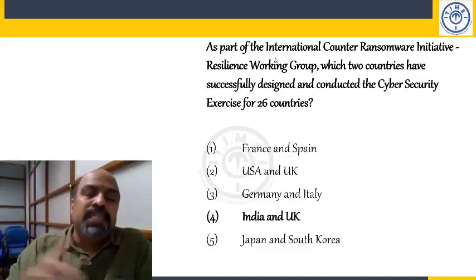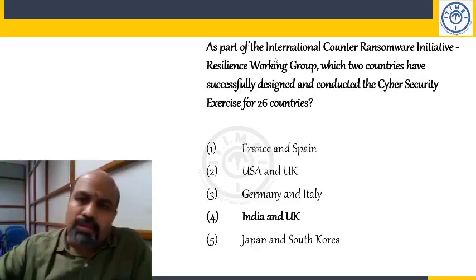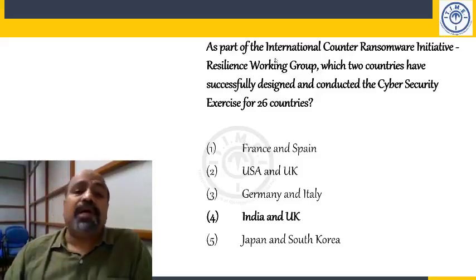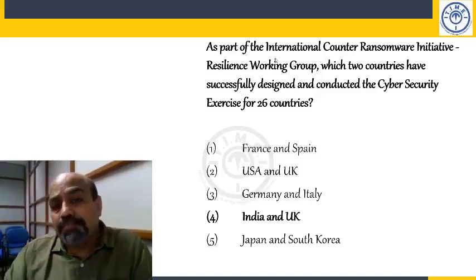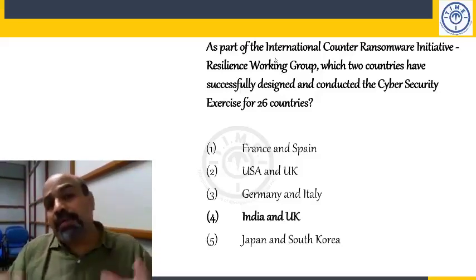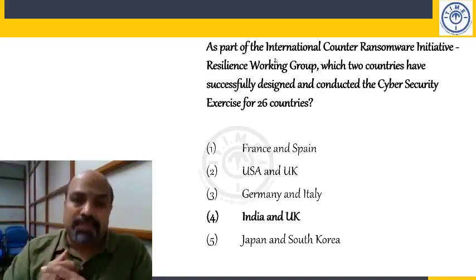They say that we will steal this data and we'll put it on the web, and all those kinds of threats. So to counter this kind of thing, the government of India and the British government have launched a cyber security exercise, and we are going to help a lot of countries in managing their primarily electricity distribution systems.